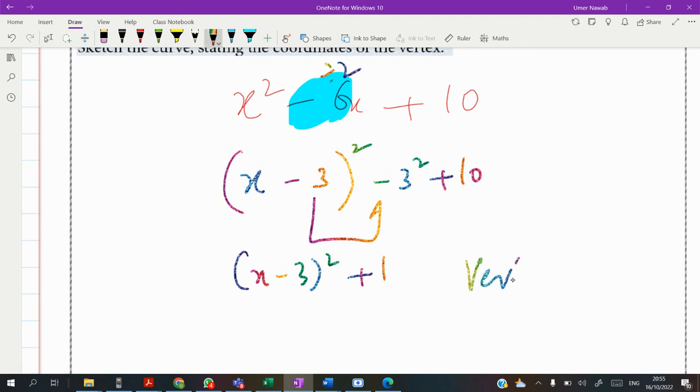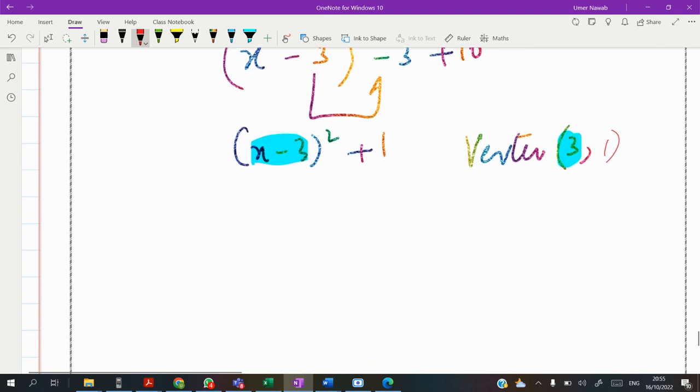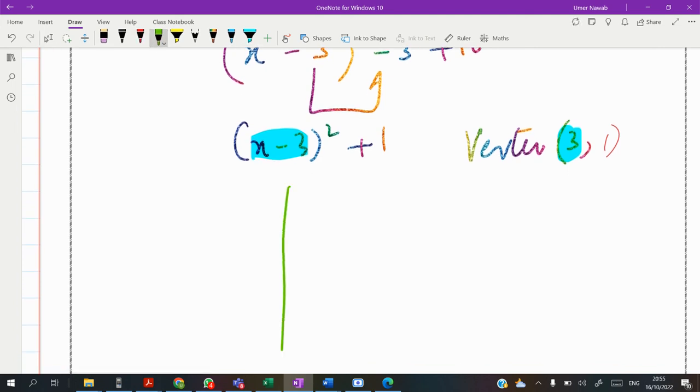Now what is your vertex? Your vertex is 3. Change the sign, x minus 3. So you write here 3 and 1. Now I can easily complete my parabola. Where is 3? This is 3 and this is 1. Where the parabola cuts the y-axis, it is cutting at 10.